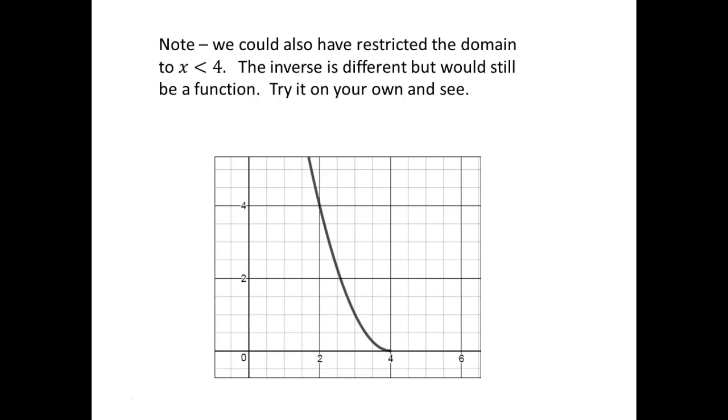Now, one thing to note is that I could have also restricted the domain to x is less than 4. And the inverse would have looked different, but it would have still been a function. Try that on your own and see. Just try it with the parent function and restrict to x is less than 0. It's easy to make a little table with the parent function x squared and then switch them and graph them, and you'll see.